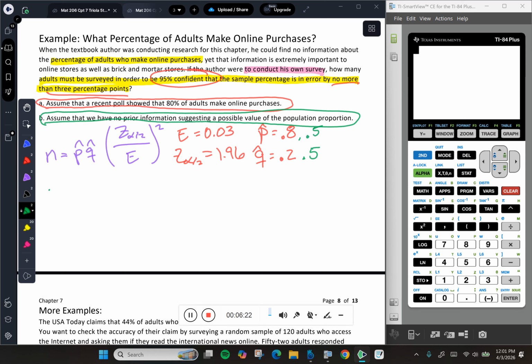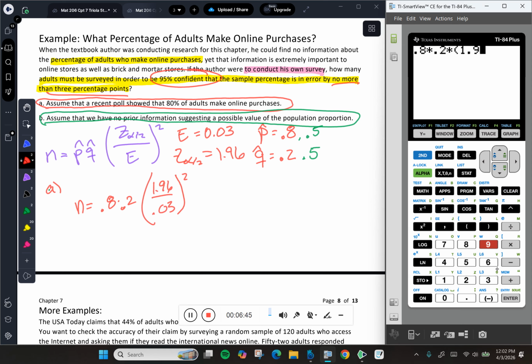So in part A, n's going to be 0.8 times 0.2 times 1.96 divided by 0.03 squared. So 0.8 times 0.2 times the quantity, 1.96 divided by 0.03, that quantity squared.